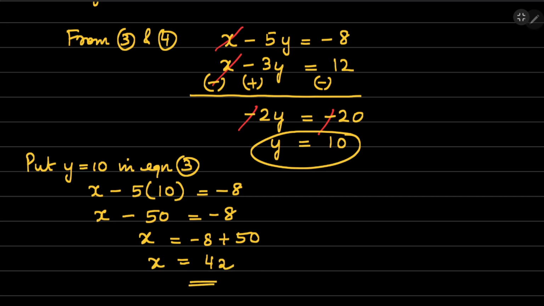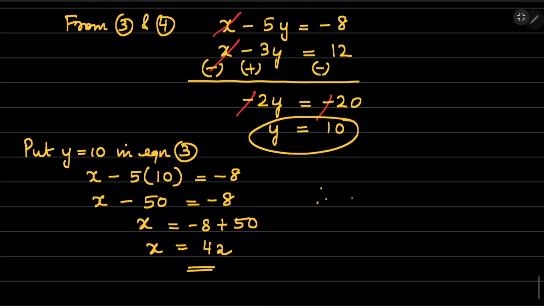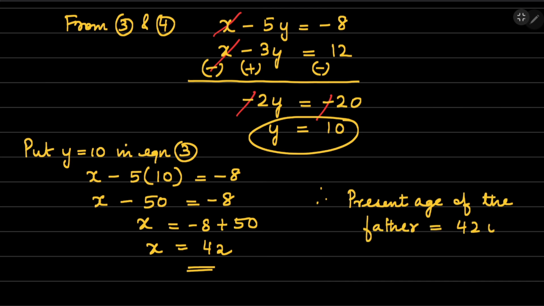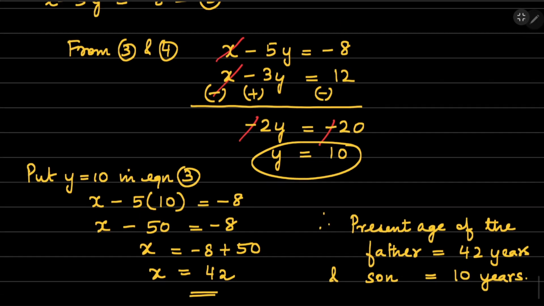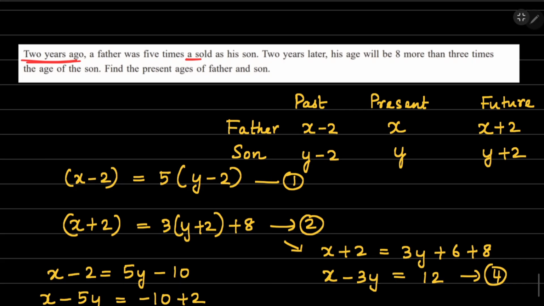So therefore, you should finally write, therefore, the present age of the father is 42 years, and that of the son's age is 10 years. Okay, so this is how you have to write. Is it clear?